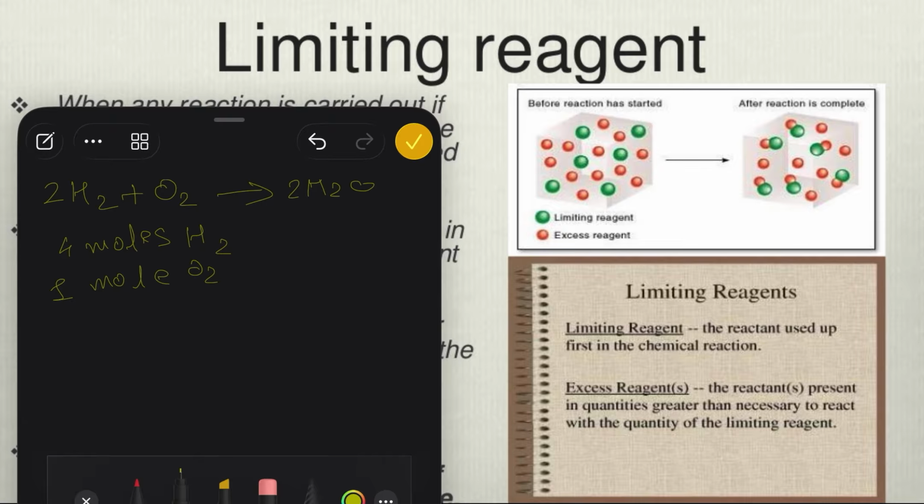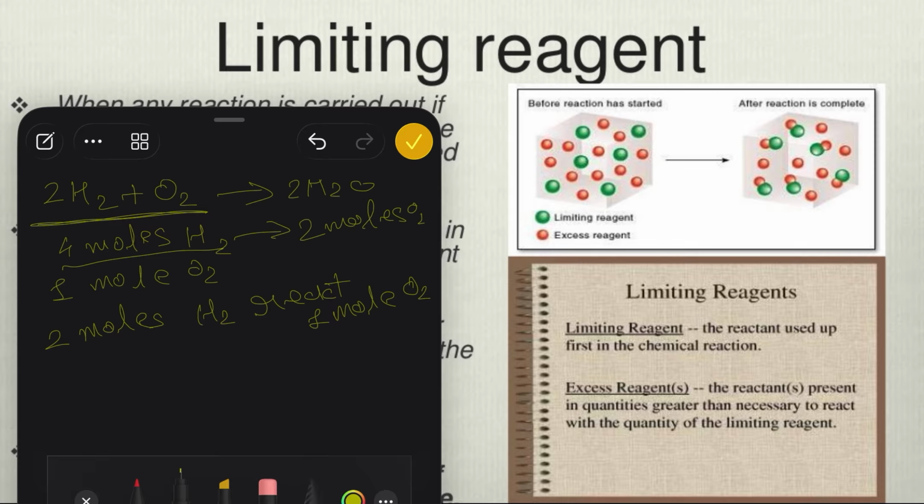Here in this example, 2 moles of H2 react with 1 mole of O2, oxygen. So for 4 moles of H2, we need 2 moles of O2, but we only have 1 mole of O2.